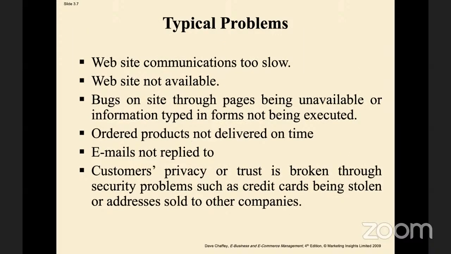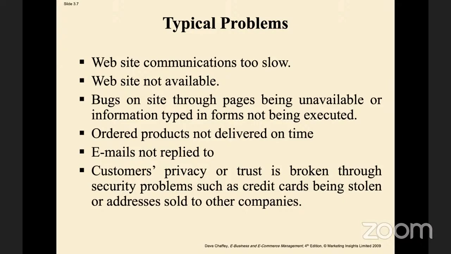Now, here is the list of some typical problems. Website communications too slow. It can be due to heavy themes, pictures, or overloaded content on the website, or due to the internet, or any other problem at the back end.